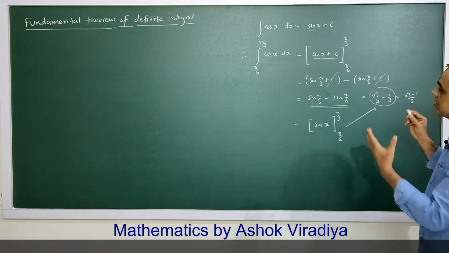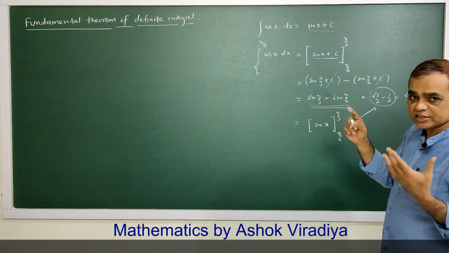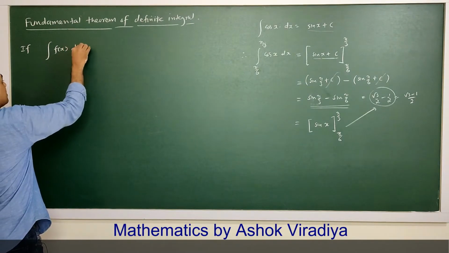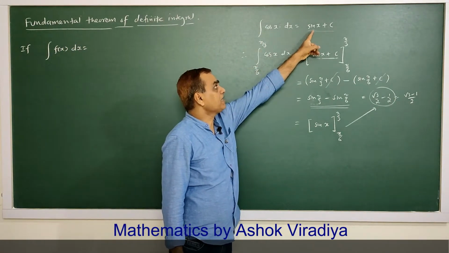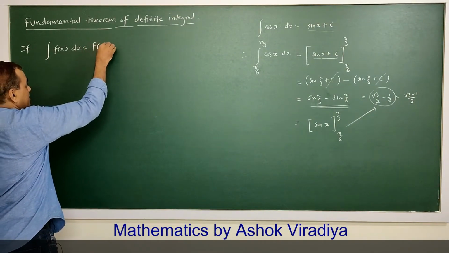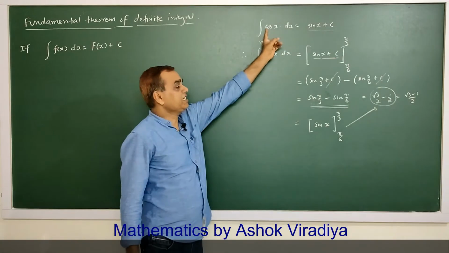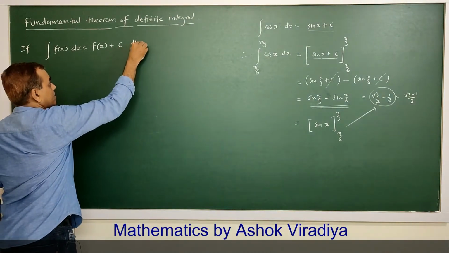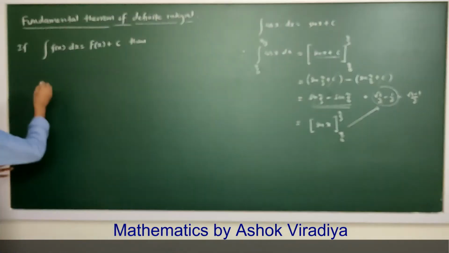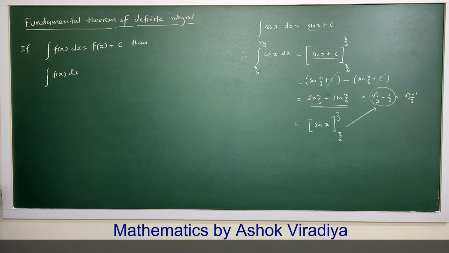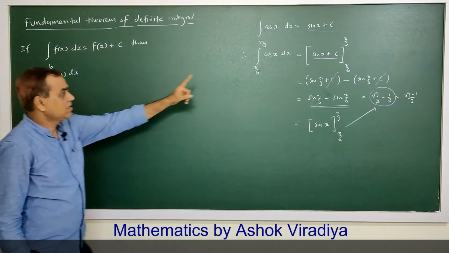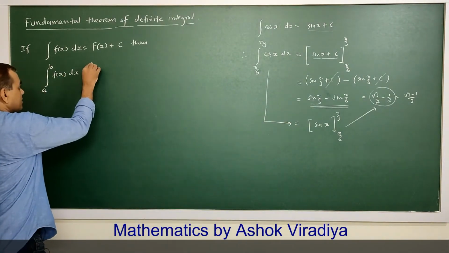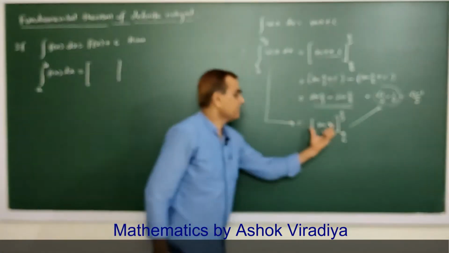So in general the rule can be expressed as: if the indefinite integral of small f x is capital F x plus c, then the definite integral of the same function over the interval a to b is equal to, now observe here, keep a box, means keep a rectangular bracket.